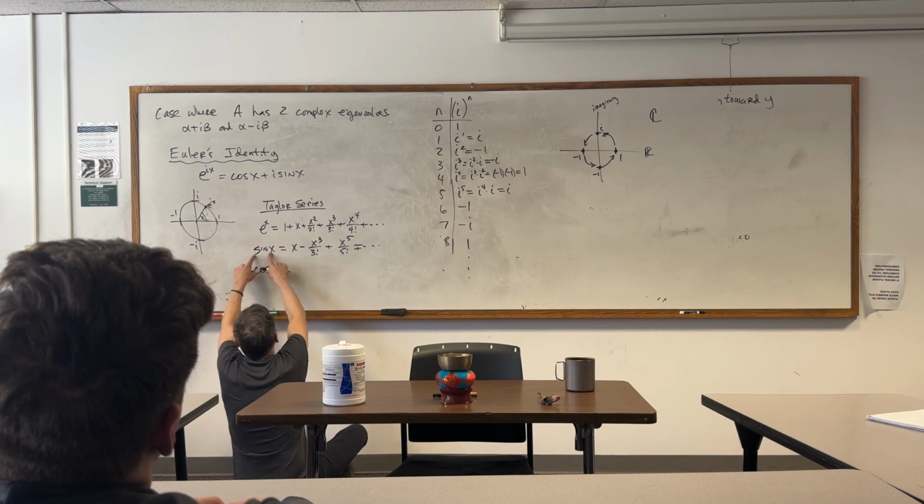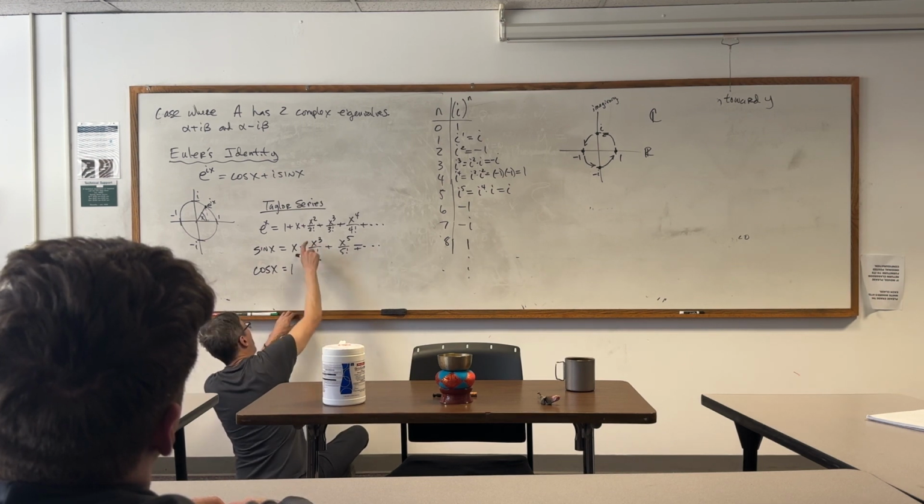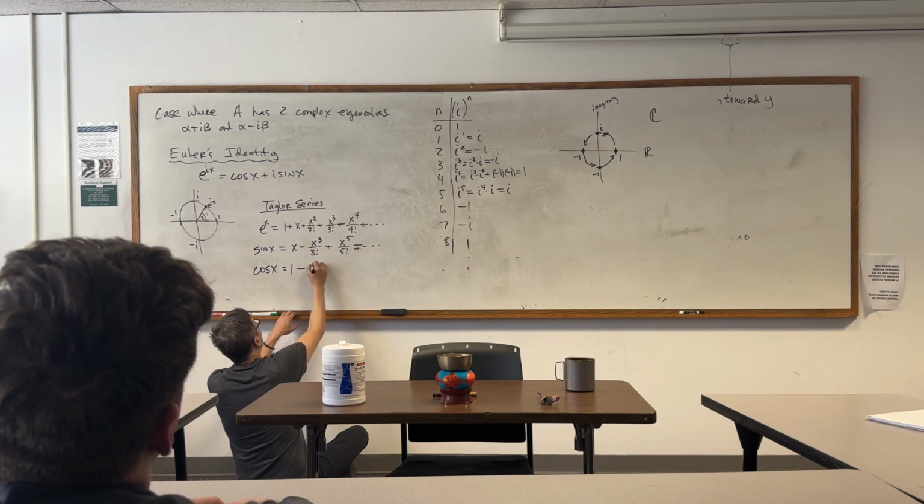So take the derivative of that, you get cosine. What's the derivative of x? It's 1. What's the derivative of x cubed? 3x squared. The 3 comes in front, cancels with the 3 in the factorial, and leaves me with x squared over 2 factorial.